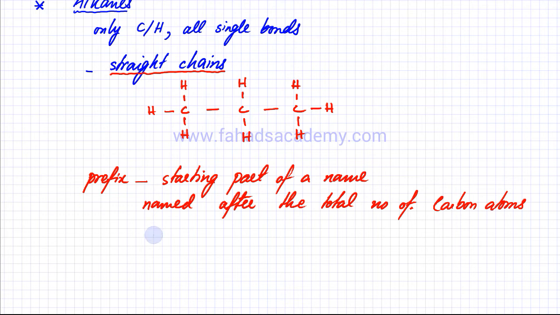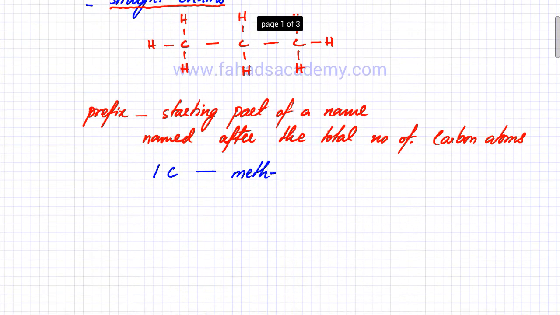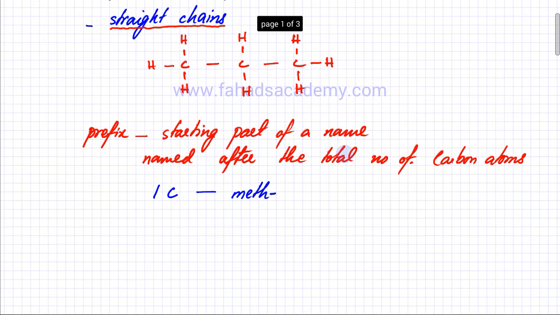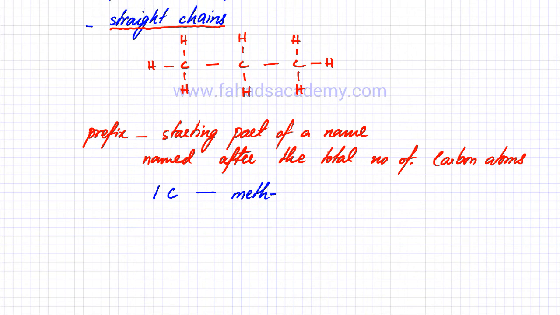If a particular molecule has just 1 carbon atom, its name would start off with meth. The prefix, or the starting part of the name, would be meth, and it would be followed by something else. If a molecule has 2 carbon atoms, its name would start off with eth, followed by something else.